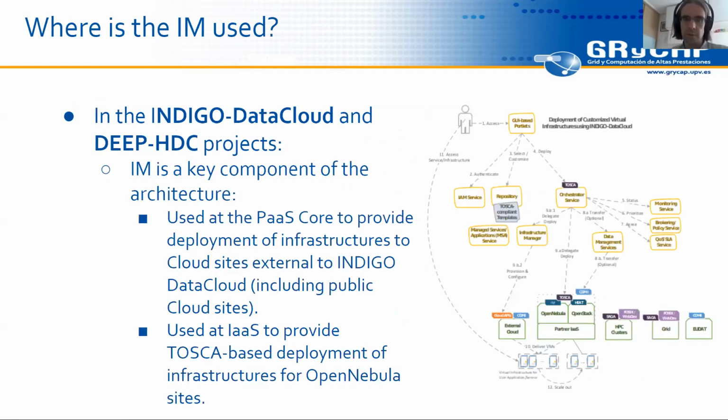It is also used in other external projects, for example, the Data Cloud and the deep HDC project, where the IAM is a key component of the architecture. That is the component in charge of deploying the infrastructure and orchestrating the deployment of infrastructures in different cloud providers, mainly in the public and in the OpenNebula side.